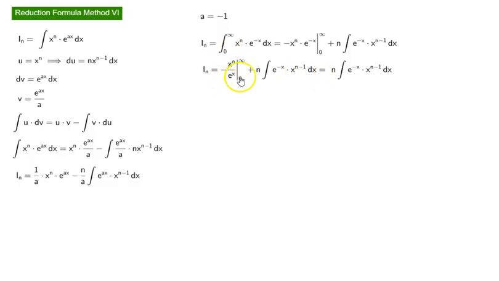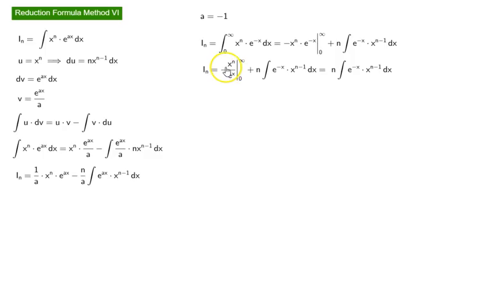Now this becomes 0. Here you have to be careful. You have to realize that the numerator is a polynomial and the denominator is an exponential. So when we substitute infinity, the denominator will grow much faster than the polynomial, so this will tend to 0.